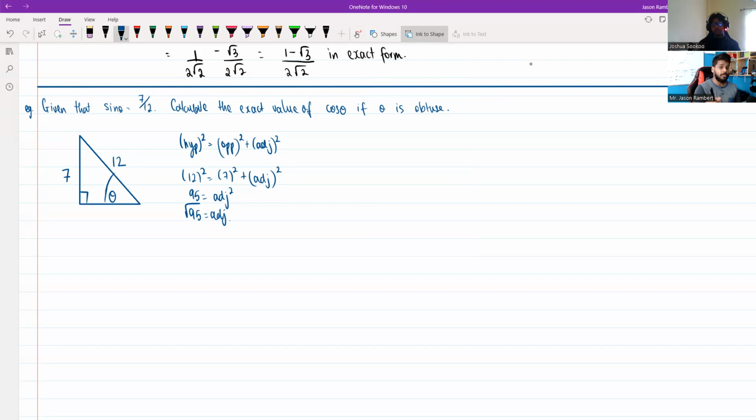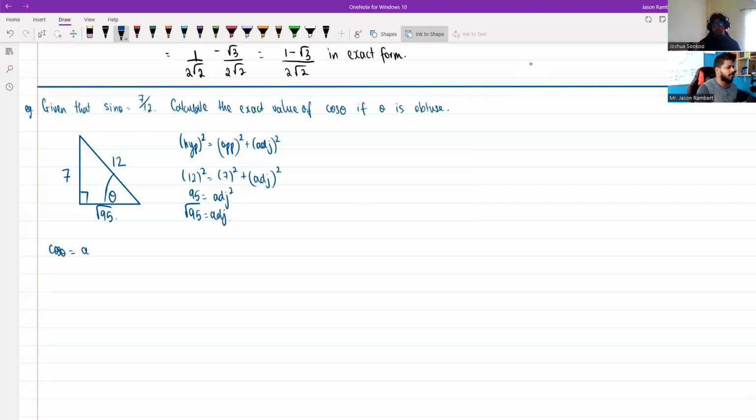But this is not the triangle for what we want. Theta is obtuse, which means theta is in the second quadrant. We already proved the whole quadrants business. I could figure out what cosine of theta is.